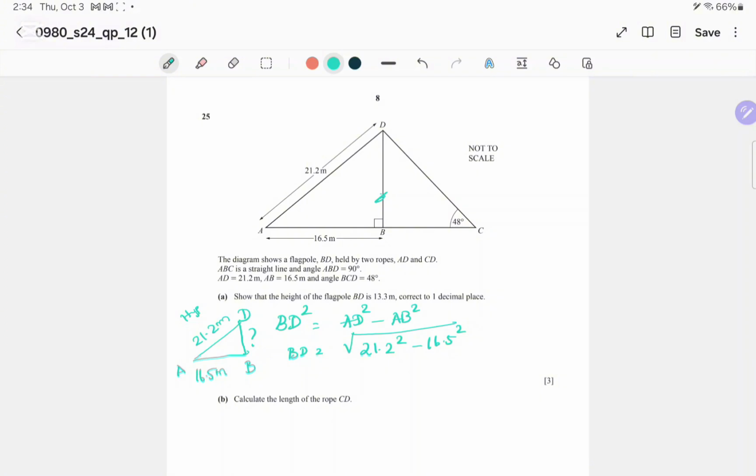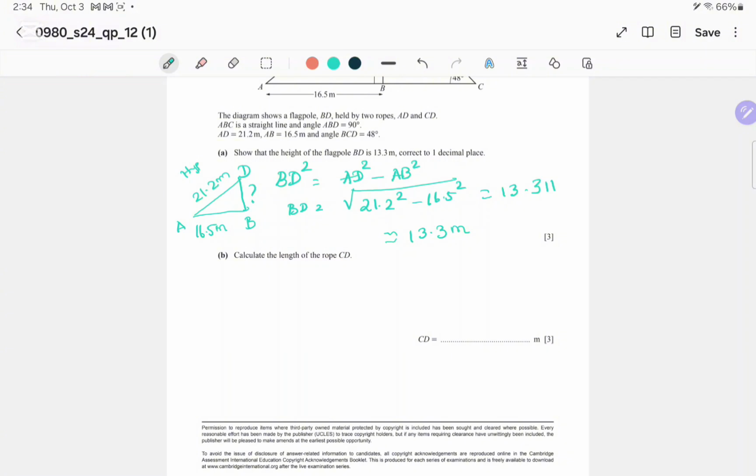So what is the answer of BD? I think it is coming around 13.3. Sorry, 1 minute. I made a mistake. I made the decimal error before. It is 13.311 it is coming. So correcting to one decimal place, it is 13.3 meters.